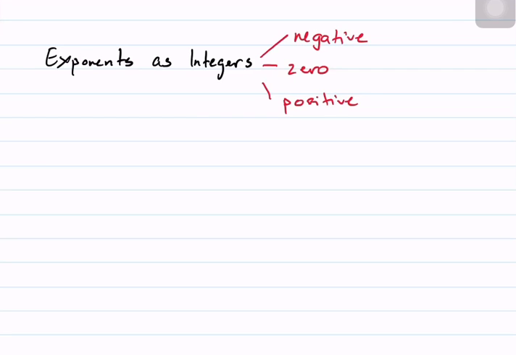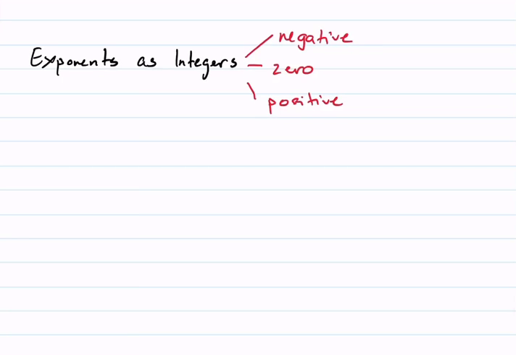An example of each of these as an exponent, we could say as a negative 3 raised to the power of negative 2, maybe 1/2 raised to 0, and positive would just be a positive integer.